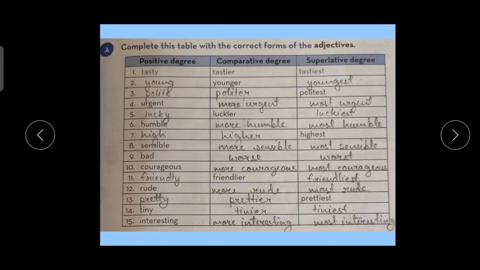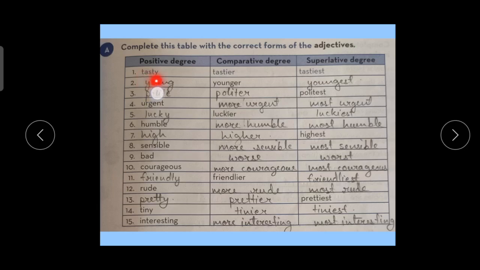Exercise A. Complete this table with the correct forms of adjectives. Dear students, as I have taught you, these degrees of comparison can be divided into positive degree, comparative degree and superlative degree. Here the first word, tasty, is given.